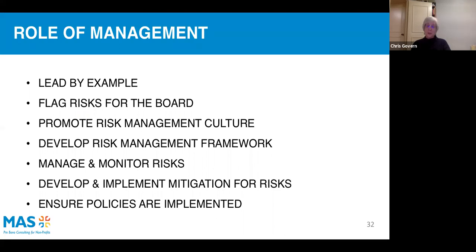Promoting a risk management culture within the organization. Generally, the staff would develop the risk management framework. They would be managing and monitoring the risks. They would develop and implement mitigation for many risks. And they would ensure that all board policies are implemented and followed. So that's the role of management around risks.